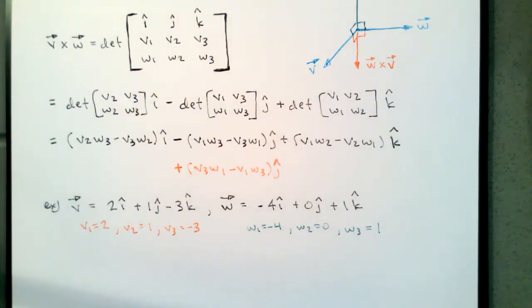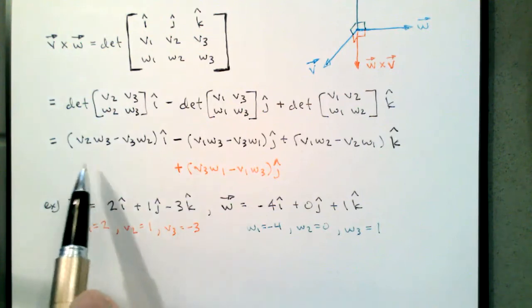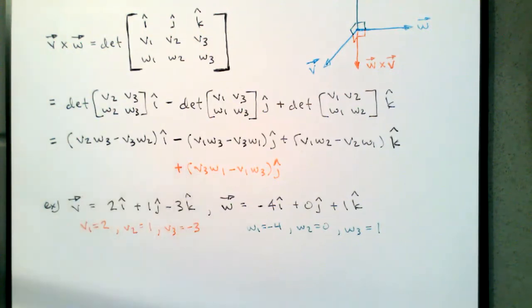So I need to come up with the components for the coefficients of i, j, and k in my calculation. i is going to be V2W3 minus V3W2. I remember this because i is a 1, so I'm going to use 2, 3, 3, 2.